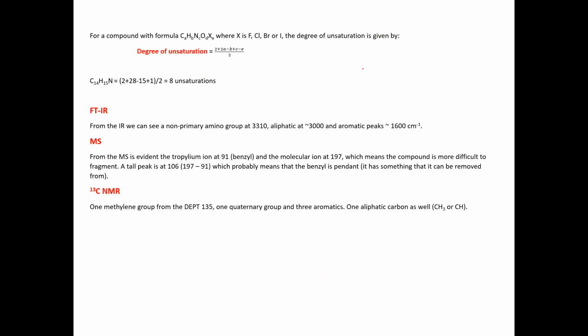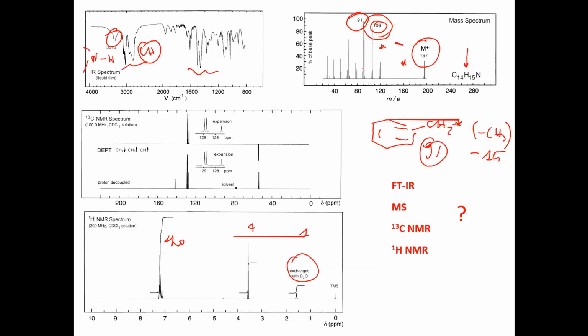Carbon NMR. We didn't discuss too much about the carbon NMR. Let's go back. Carbon NMR shows you methylene, but no other aliphatic CH or CH3. So all the other CHs are aromatic. One quaternary carbon that disappears, a large number of carbons and a very small number of peaks.